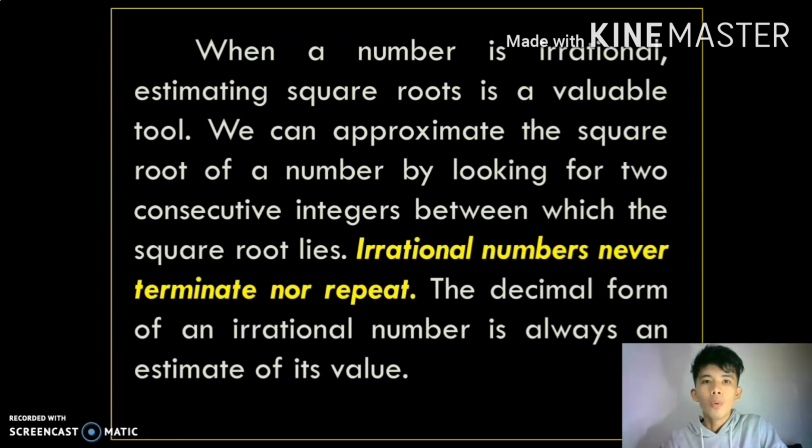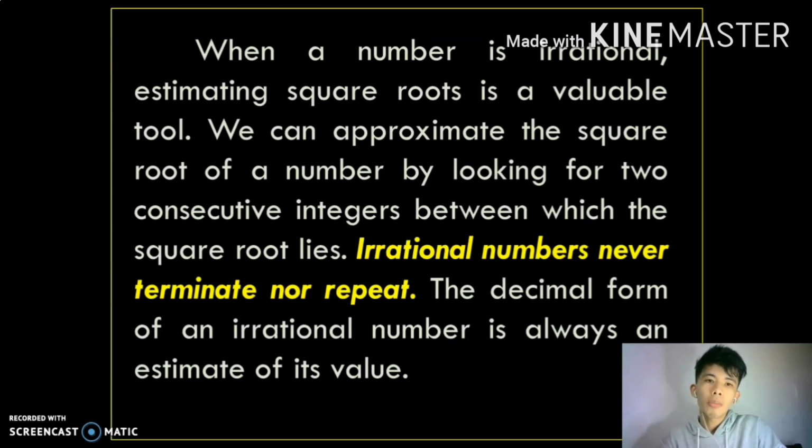Okay, next. When a number is irrational, estimating square root is a valuable tool. Since kapag irrational yung given nating radicand, wala siyang exact square root. So, ang magagawa lang natin is to estimate the square root, or to estimate what is the value of the square root of that given number.